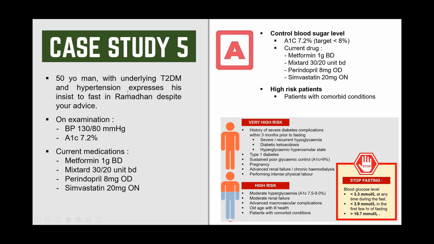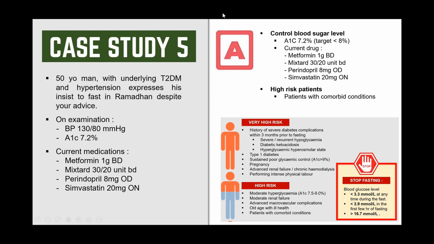Let's move to another case study. A 50-year-old man with underlying type 2 diabetes and hypertension expressed his insistence to fast in Ramadan despite our advice. On examination, his BP is 130 over 80 and HbA1c is about 7.2%. This is the medication that he is on currently.